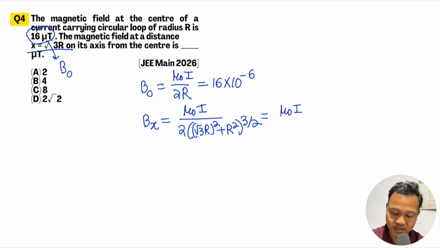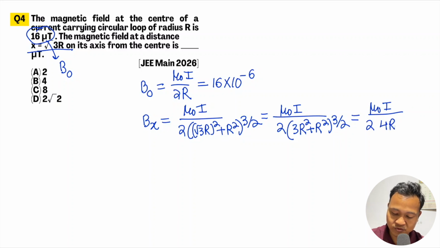So mu naught into I divided by 2 into, √3 square is 3, so 3r square plus r square power 3 by 2. So which is mu naught into I divided by 2 into 4r square power 3 by 2.